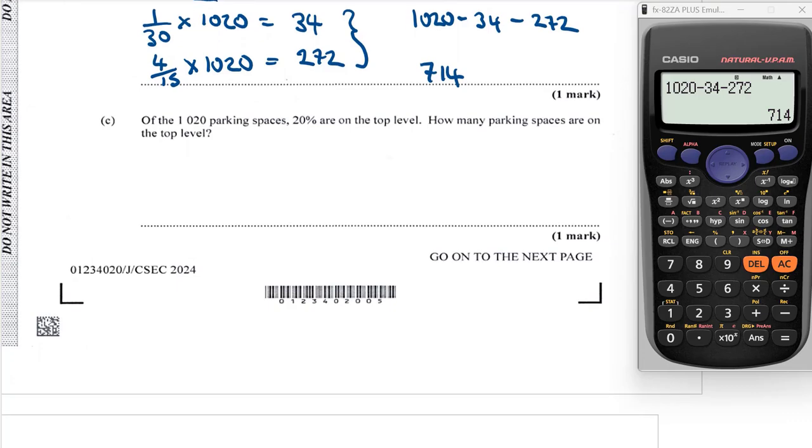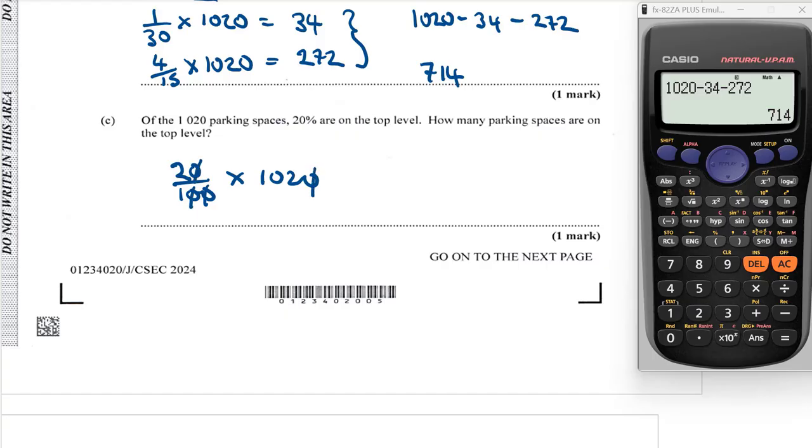Next question. Of the 1020 parking spaces, 20% are on the top level. How many parking spaces are on the top level? So this is relatively easy. So we're going to say 20 over 100 times 1020. So 0 cancels 0, 0 cancels 0.